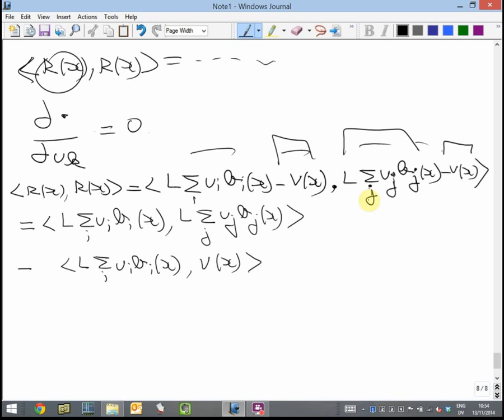Now here it's a sum of j's with v, here it's a sum of u's with v. However, in this case that doesn't matter because we don't take the product of two series expansions. This is just a single series expansion. If you don't trust me, just write it down explicitly in all the different terms. But this is exactly the same term as the one we had before, so we can put -2 here. And then the final term that we have is simply the scalar product of v with v.